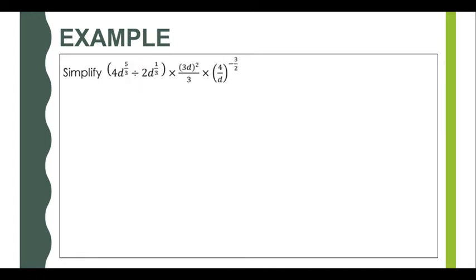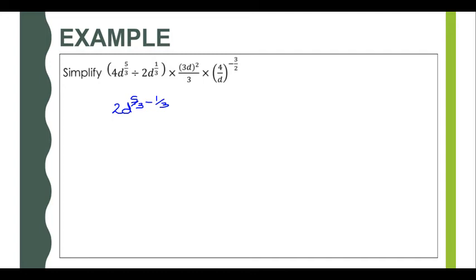This example is more complicated, so let's make sure we use big maths rules and firstly look at the bracket. When we divide, we take away powers, so let's do the 4 divided by 2 first, which gives us 2. d to the power of 5 over 3 divided by d to the power of 1 over 3, we can write as a subtract in the power.